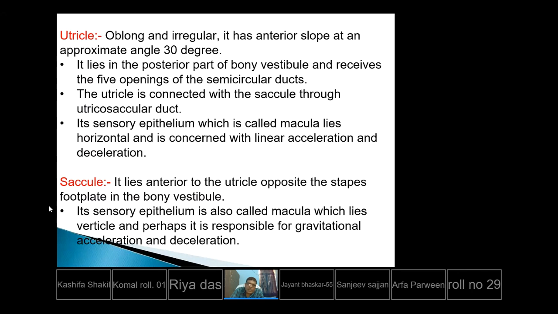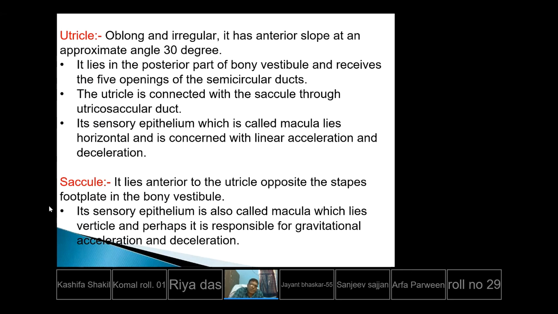But it is horizontal in the utricle while vertical in the saccule. And this neuroepithelium is stimulated by accelerated or decelerated linear movement.